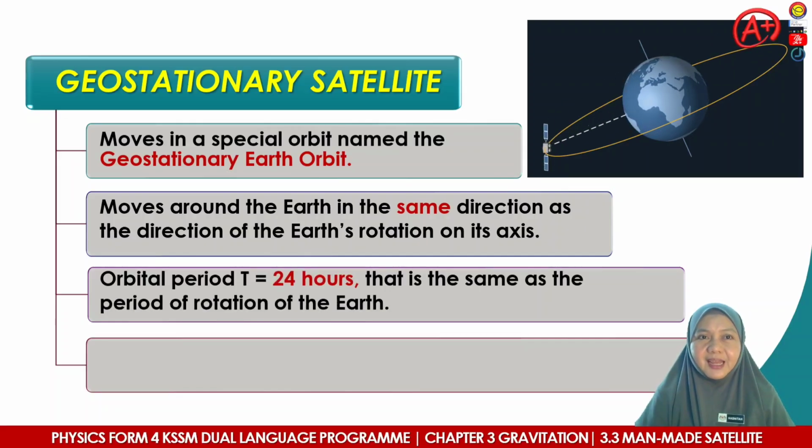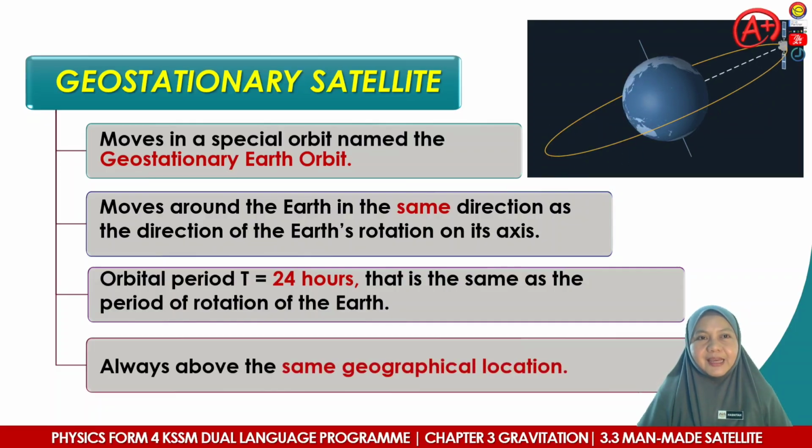Number 3, a geostationary satellite has an orbital period of 24 hours, which is the same as the period of rotation of the Earth. And last but not least, a geostationary satellite is always above the same geographical location on Earth.